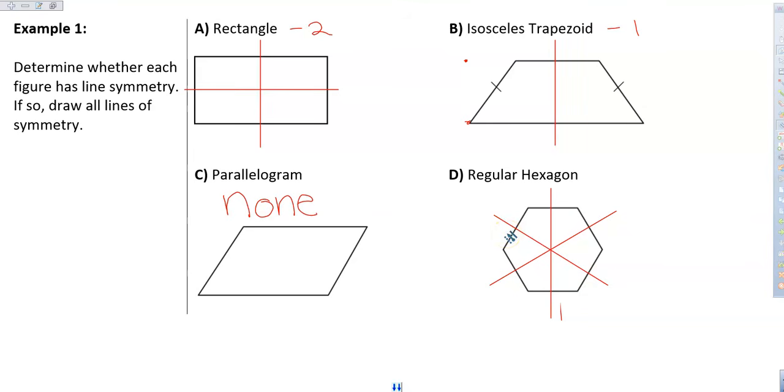Then I can fold this in half this way. So that's line number 4. Then I also can do line number 5 and line number 6. So a hexagon actually has 6 lines. A rectangle has 2 lines. A trapezoid has 1 line.